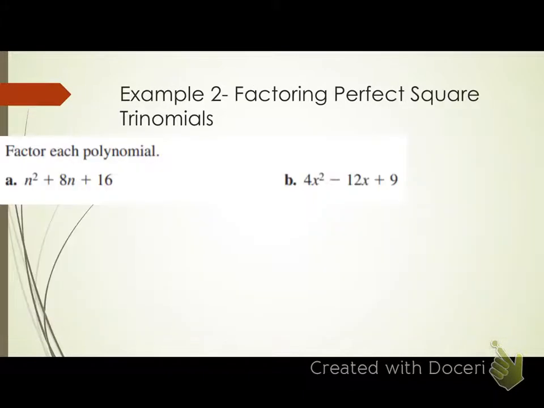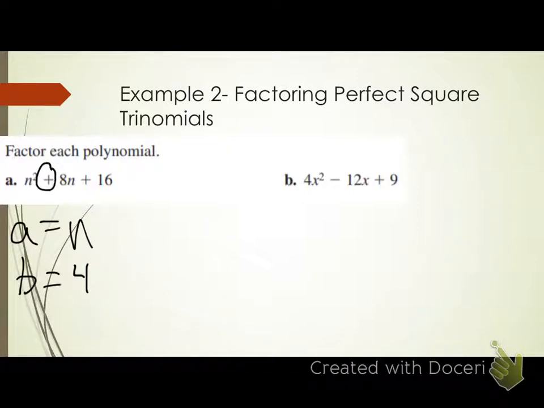So let's look at an example real quick. Factor each polynomial. So my a value in this case would just be n. My b value would be not 16, I apologize, the square root of 16, which would be 4.